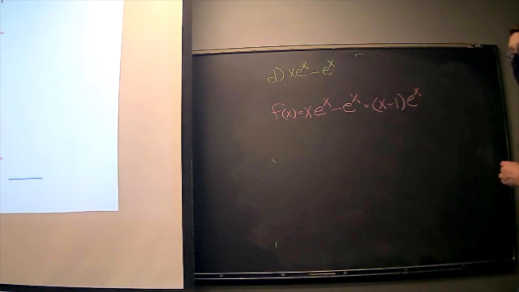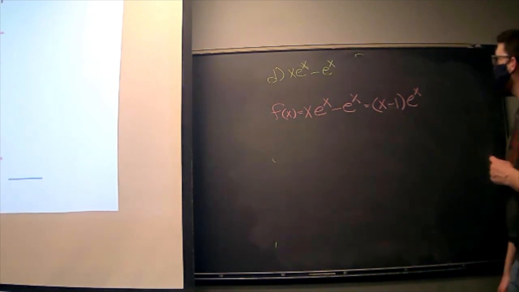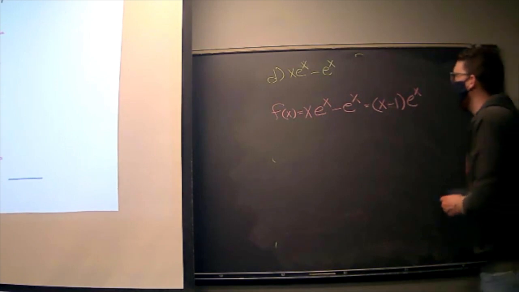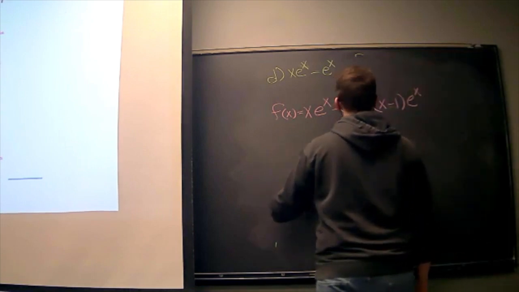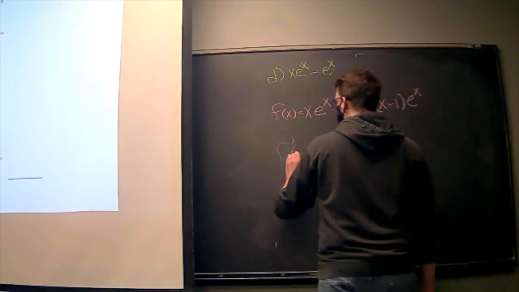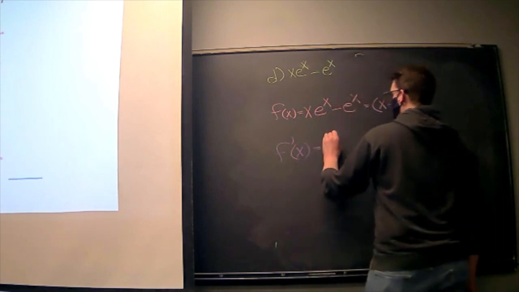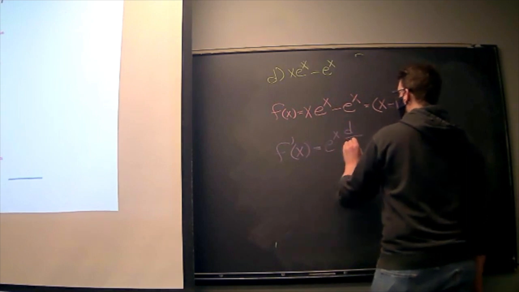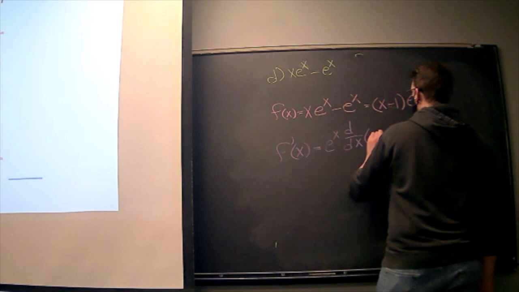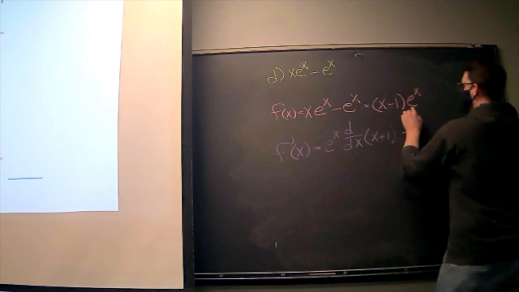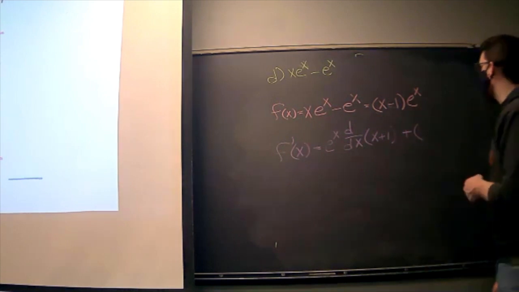Now we're gonna have to apply the product rule, right? Well, what's the derivative of this? Just gonna be 1, right? So we're going to have that f prime of x is going to be equal to e to the x times d dx of x minus 1, plus the derivative of e to the x is e to the x, so let's just go ahead and leave it as it is.